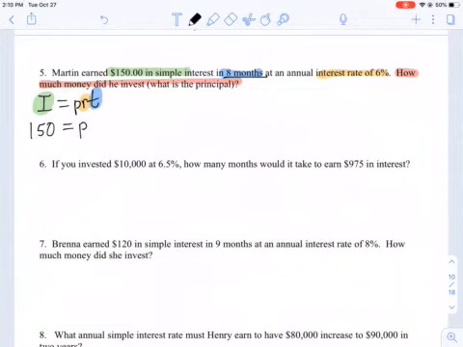So here's my principal. Here's my rate. And my time is 8 out of 12, because that's what 8 months would be. So I'm going to keep solving this way just so I have more room. So I get 150 equals 0.06 times 8 divided by 12.